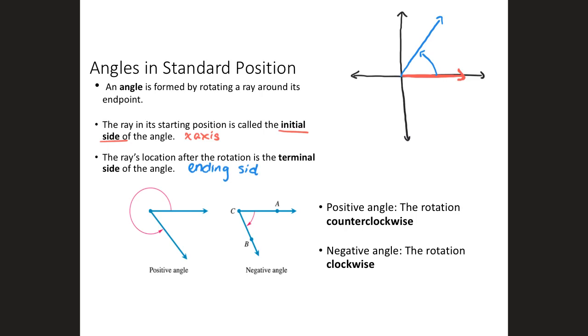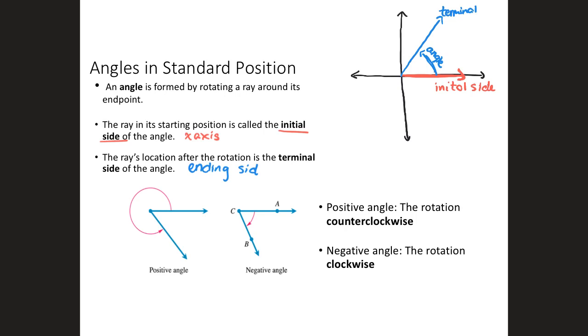So you have the initial side, the terminal side, and the angle is formed in between these two. We say positive angles are formed when we rotate counterclockwise.